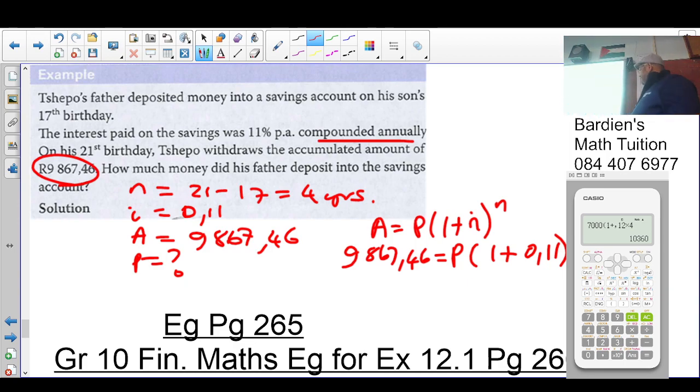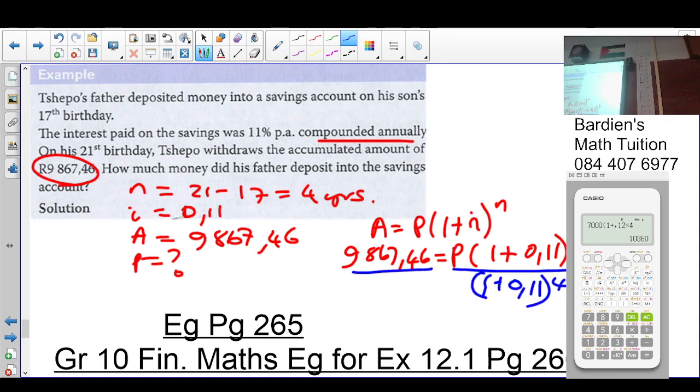So how do I get P on its own? We divide both sides by the interest factor, which is 1 plus 0.11 to the exponent n. Of course, that cancels.